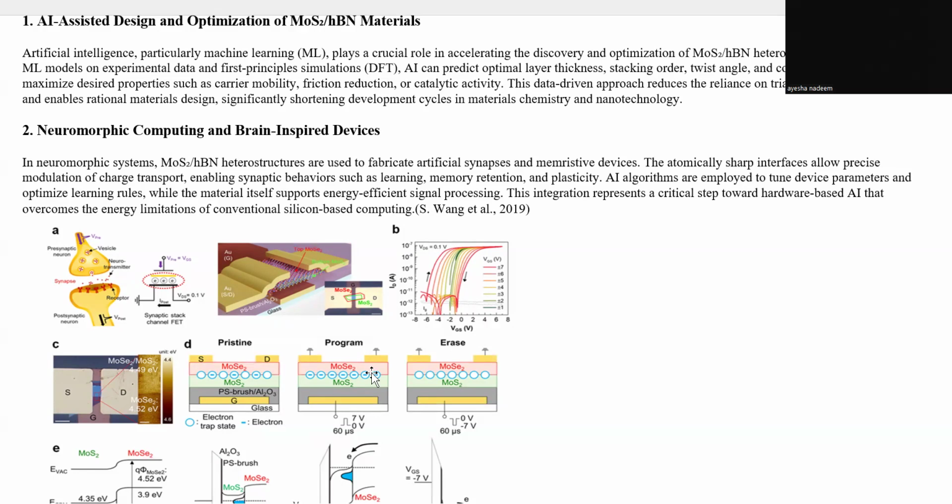AI algorithms are employed to tune device parameters and optimize learning rules, while the material itself supports energy efficient signal processing. This integration represents a critical step toward hardware based AI that overcomes the energy limitations of conventional silicon based computing.